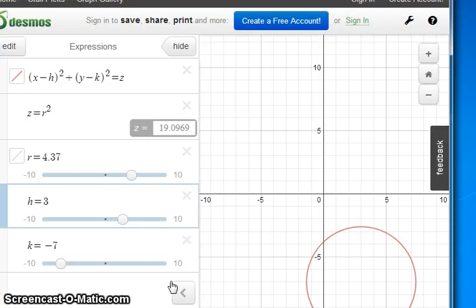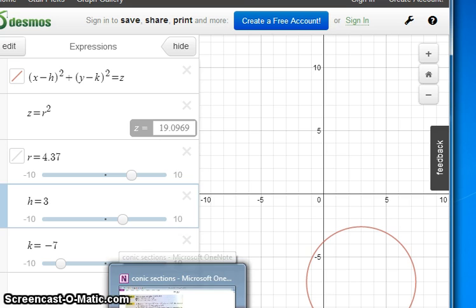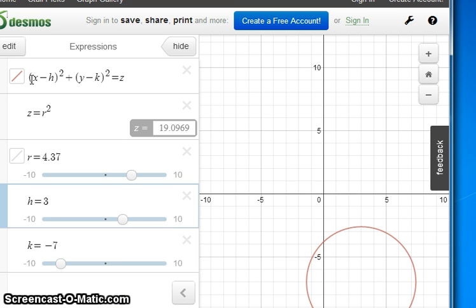So let's take a look at what this circle is going to look like. I have in this top row here the general equation for a circle. X minus h squared plus y minus k squared equals z. But z is equal to r squared, and I can change r with this slider here.